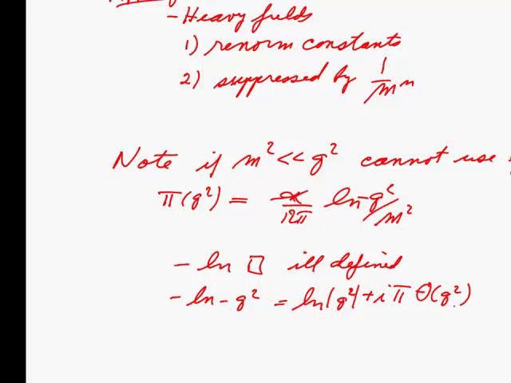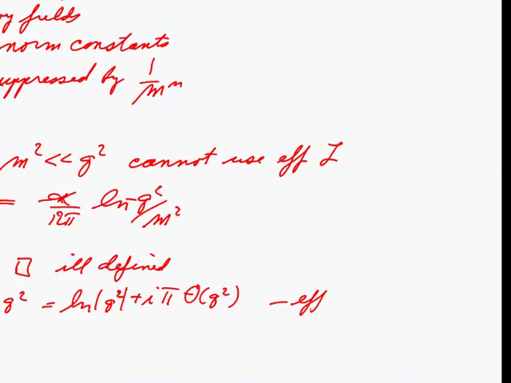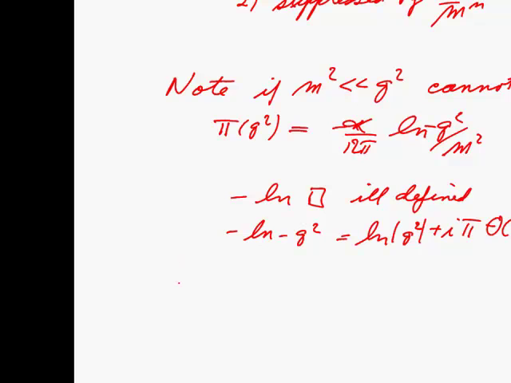So log of minus a number picks up an i pi, and an effective Lagrangian has to be real. So this just goes into the issue of how you can define these things. And so you can't define an effective Lagrangian, you can't define log del squared in any sensible way because of these problems.